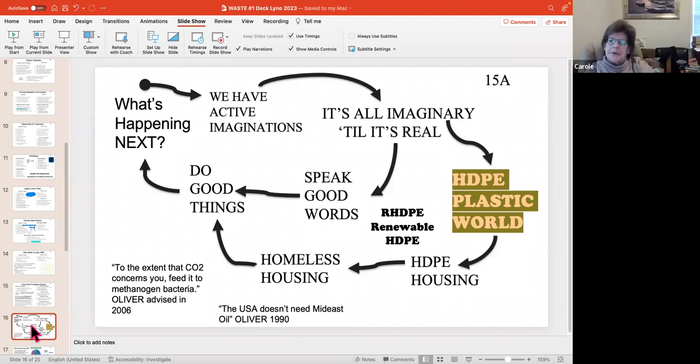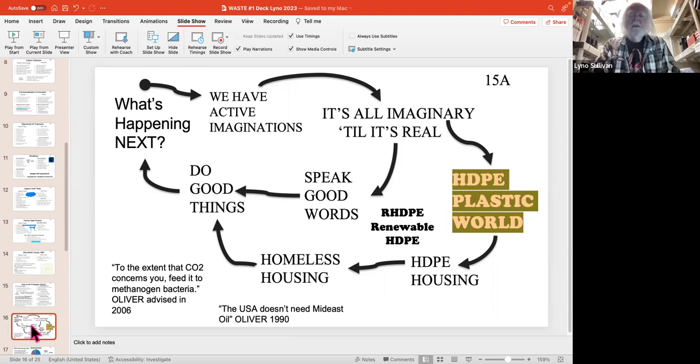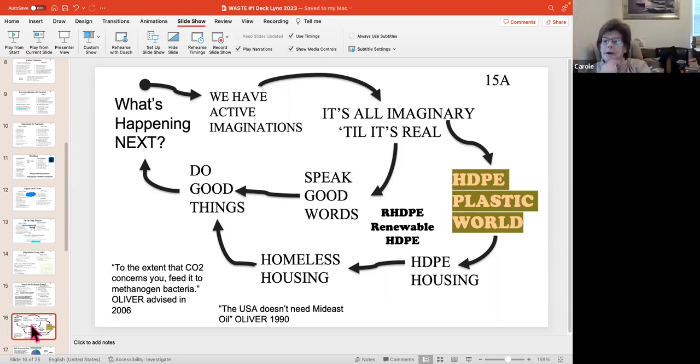Right, but what I'm saying is, if your end product of sucking CO2 out of the atmosphere is methane, that's not a good thing for the environment. But if your end product is plastic, that is a good thing for the environment.